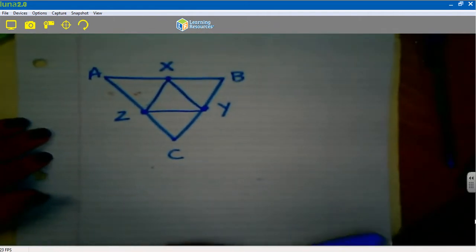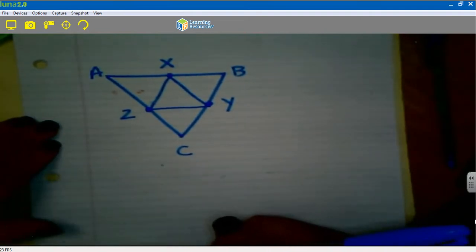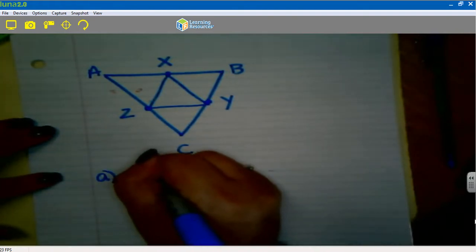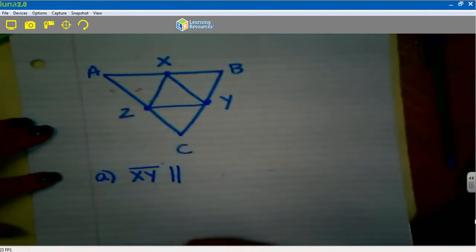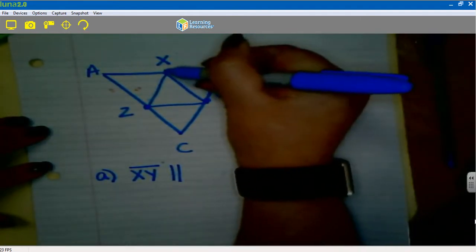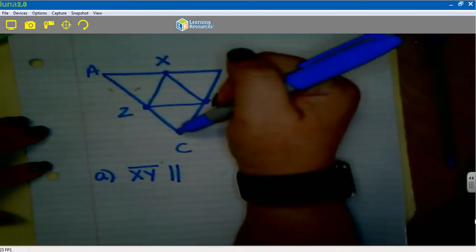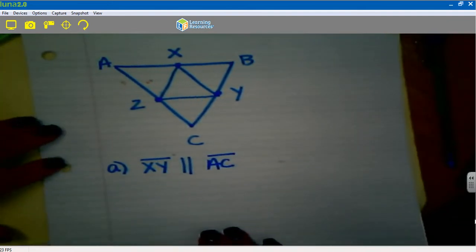And we get another little triangle on the inside. So let's take a look at part A. Segment XY is parallel to what segment? So here's XY. What is it parallel to? A to C. Parallel to segment AC.